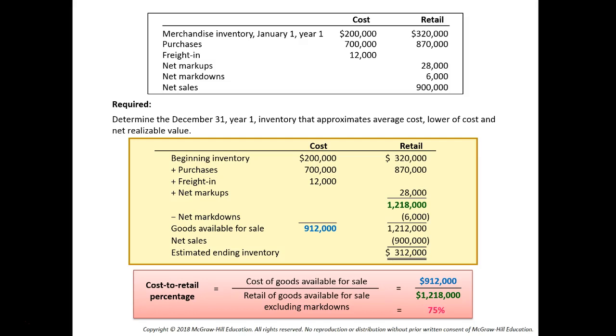So we have the cost to retail percent of 75%. 75% of the 312,000 would be $234,000.